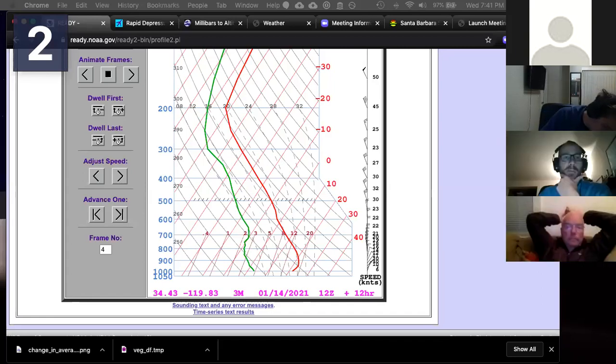Hey, Chris, dumb question inbound, just real quick to ground me here. Are the red and green lines just theoretical or projected models, or is that data that's coming from like weather balloons? So this is from the NAM model. It's the North American model.